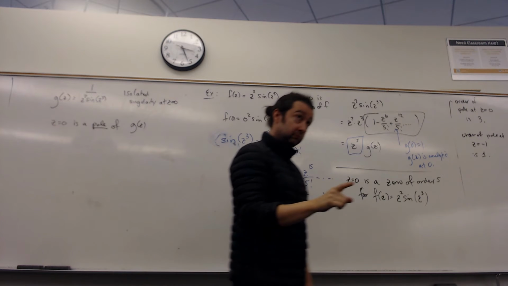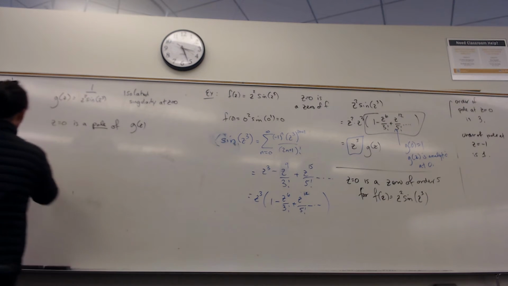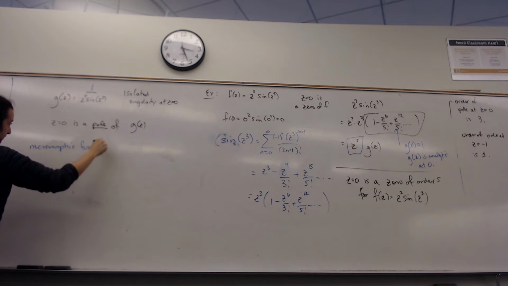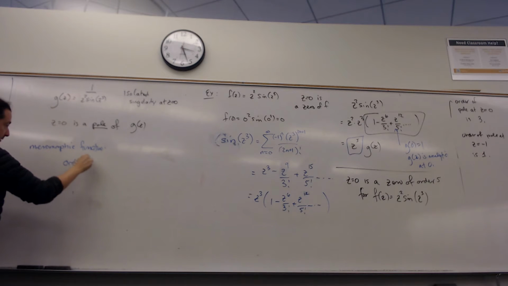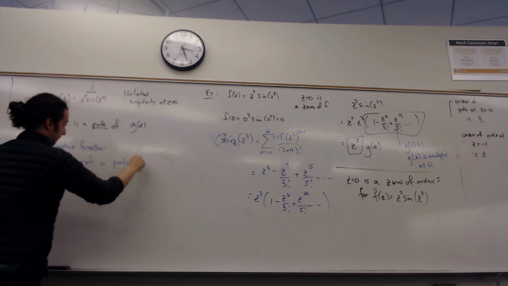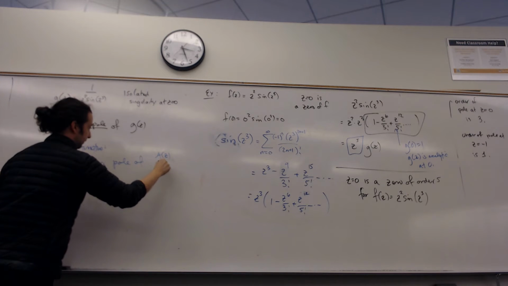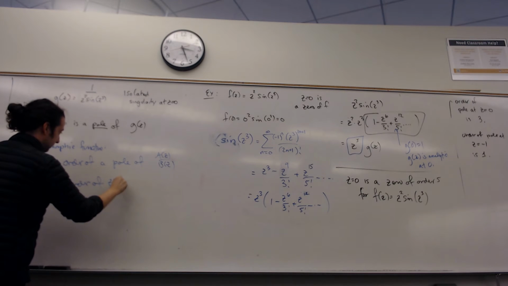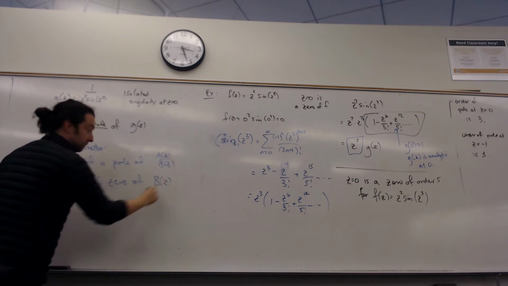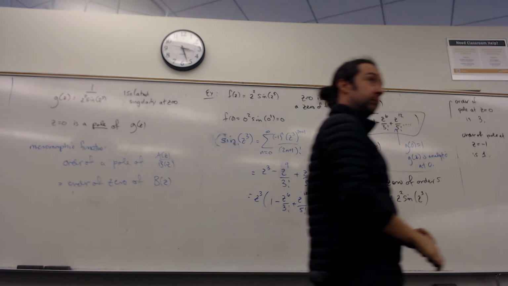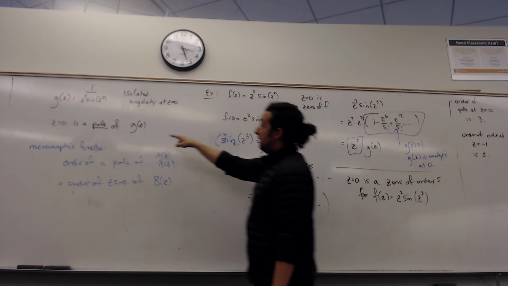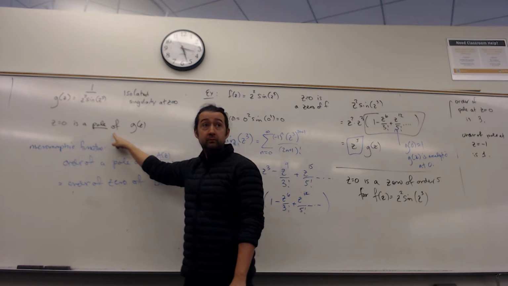So for a meromorphic function, the order of a pole of A of z over B of z is equal to the order of the corresponding 0 of the function B of z. So if I could calculate that this function has a 0 of order 5 at 0, then this thing has a pole of order 5 at 0.